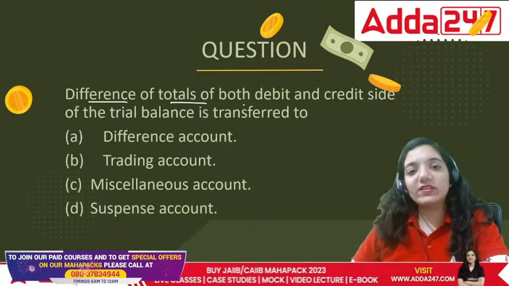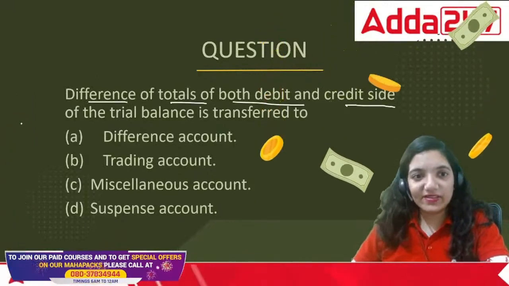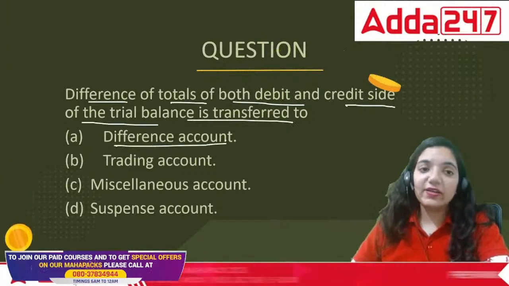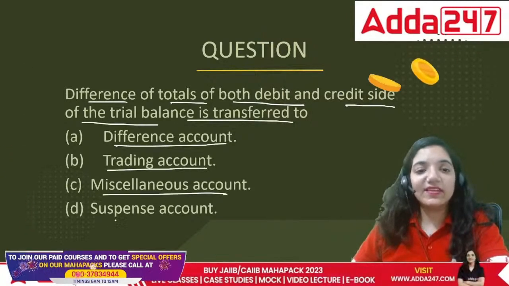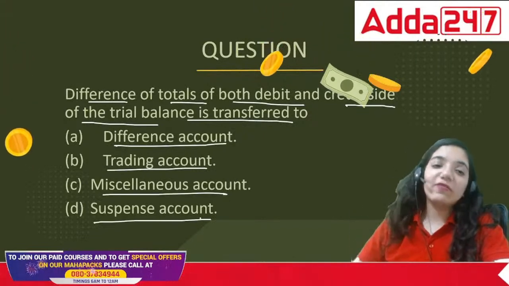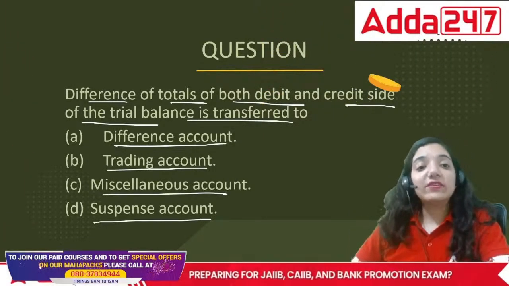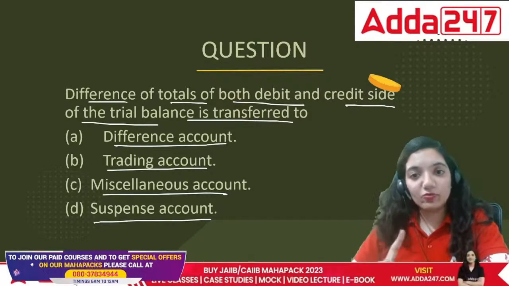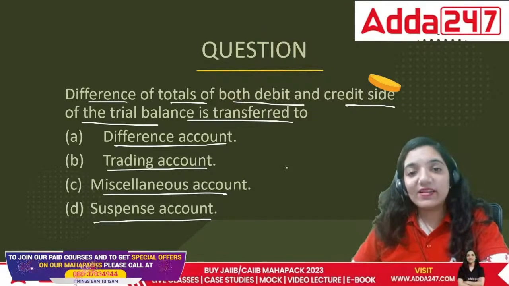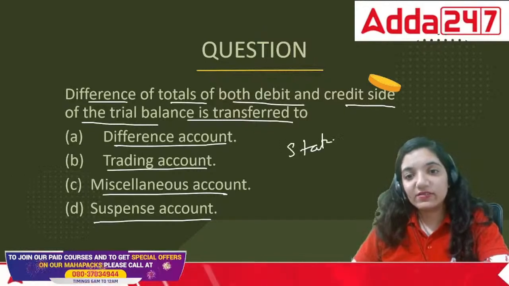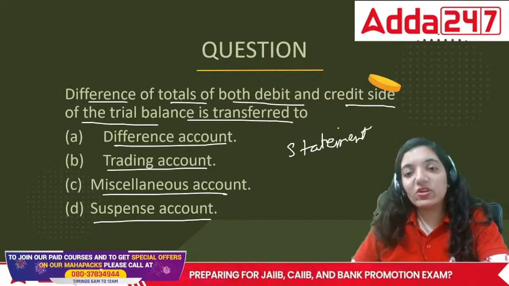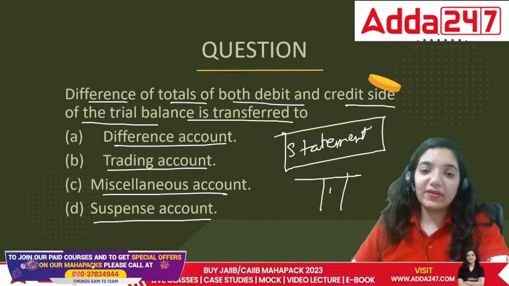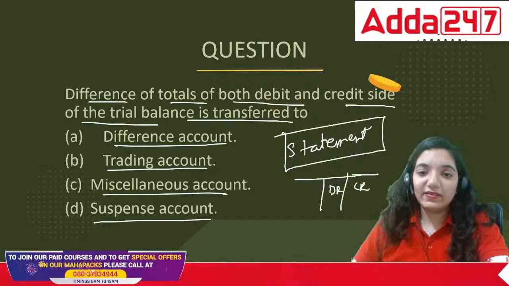Difference of totals of both debit and credit side of the trial balance is transferred to difference account, trading account, miscellaneous, or suspense. See, always remember when we talk about the trial balance, there's a simple rule. Trial balance is actually a statement which records all the things regarding debit and credit.